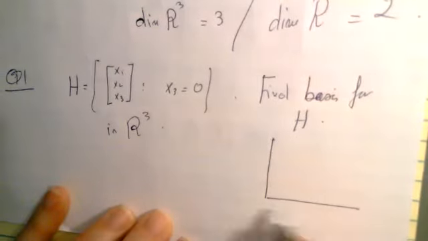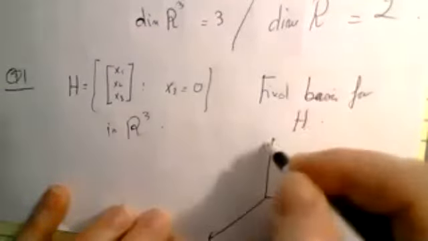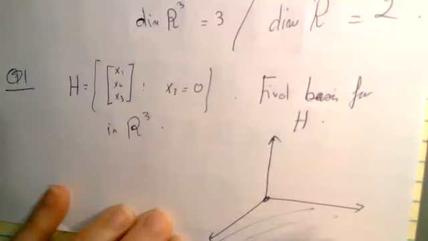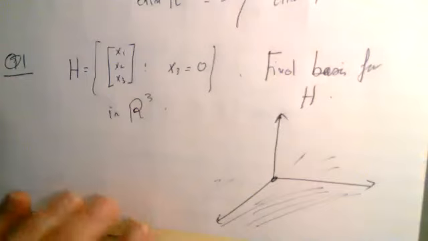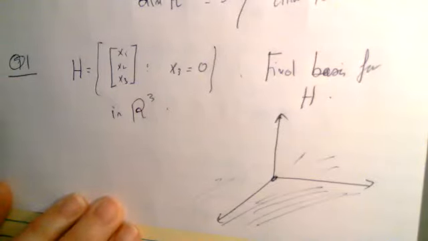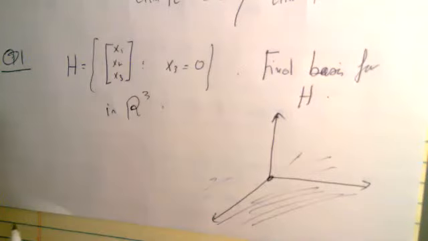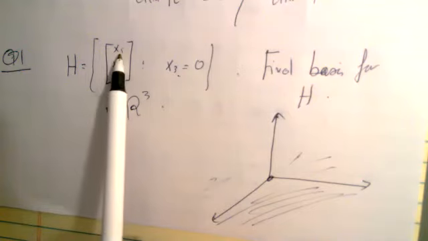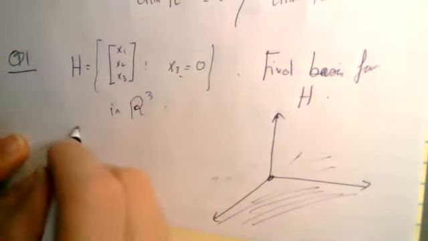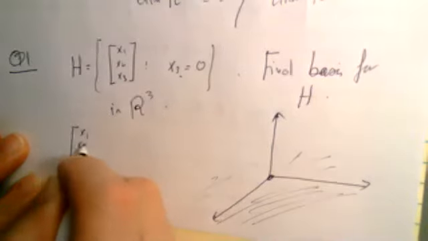Is this plane a subspace? What do you think? Is it going to verify all the properties of a subspace? 0 is in it because the third component of the 0 vector is 0. H is everything of the form x1, x2, 0.